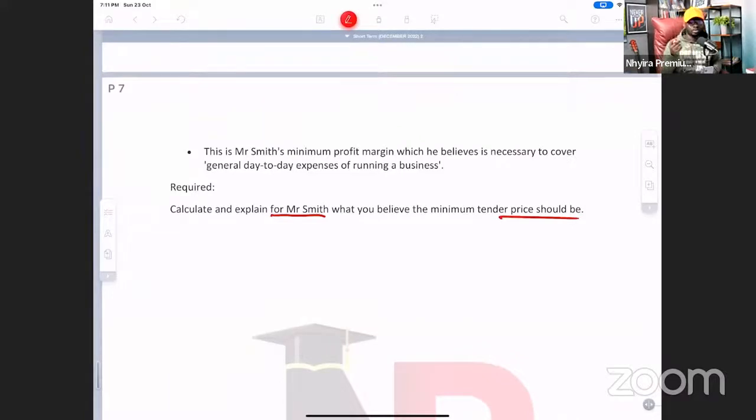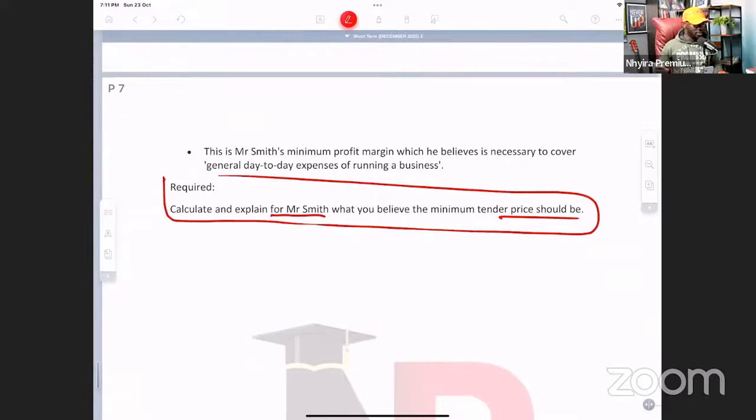Now, it's always important to understand what kind of principle you are supposed to apply in a given question. Look at the requirements of this question. It doesn't tell you what to apply, but it just says, what do you believe to be the minimum tender price?